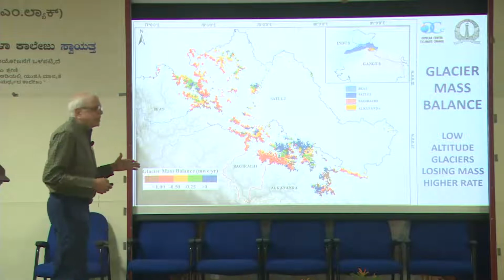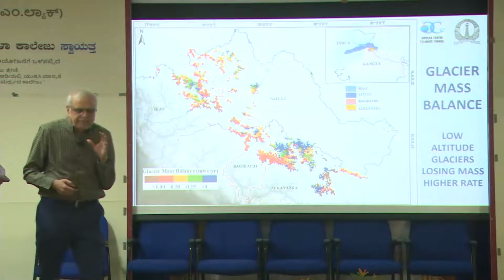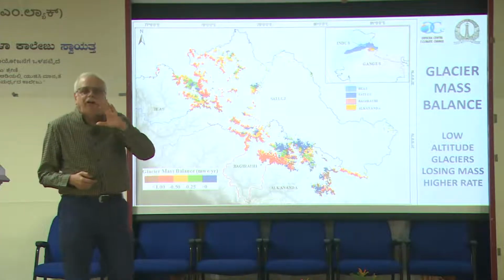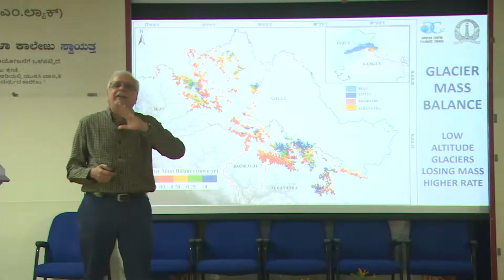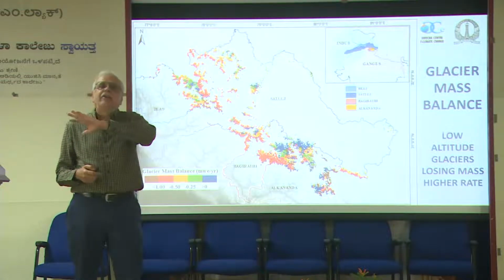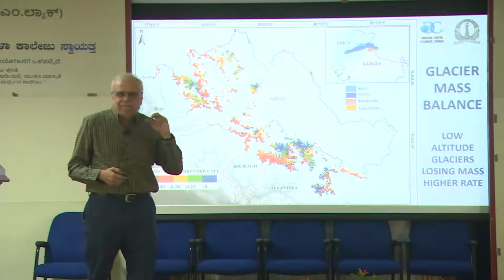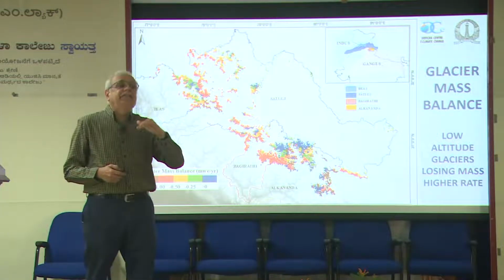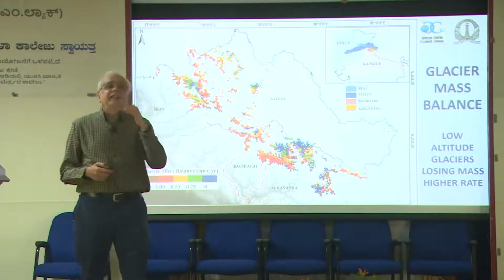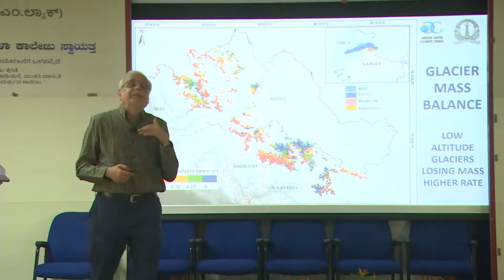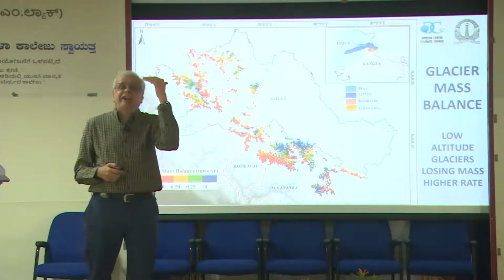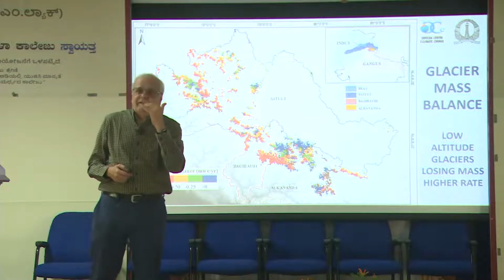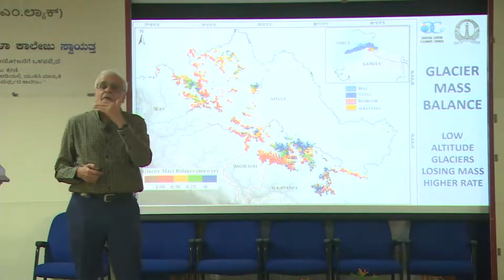First things first, the glacier loss of area or glacier mass loss is not uniform throughout the Himalaya. Some glaciers are retreating faster, some glaciers are retreating slowly. Some glaciers are losing mass at a faster rate, some at a slower rate.